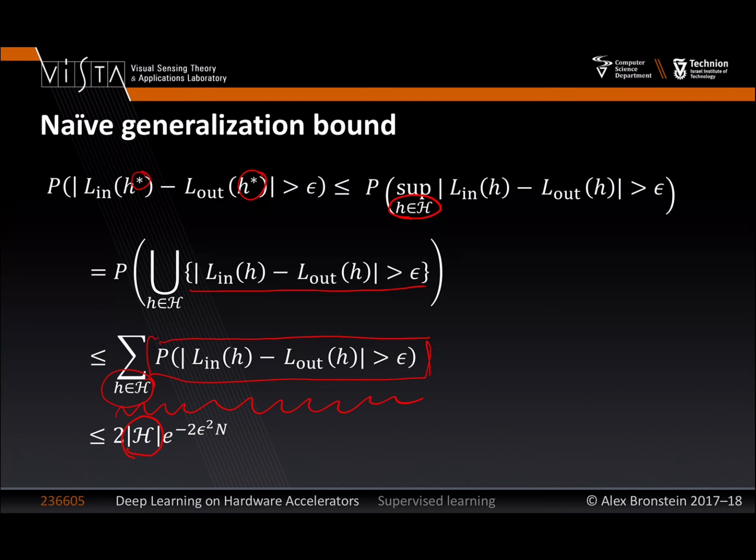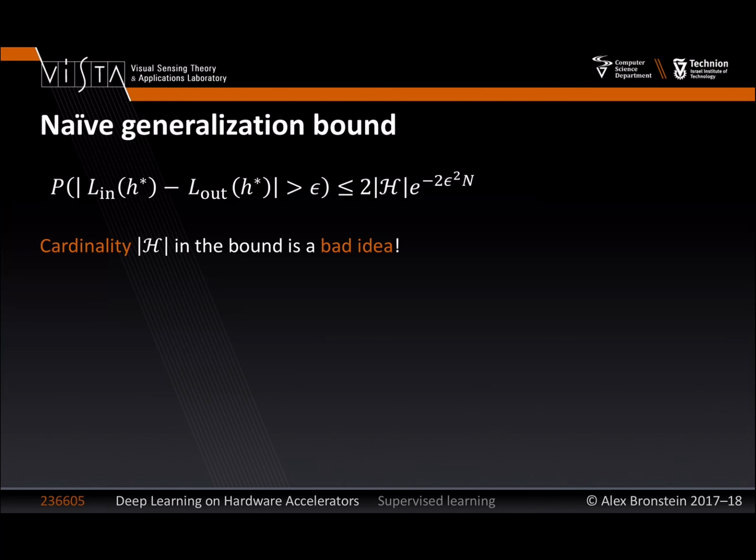Of course, it is a very bad idea to have the cardinality of H in the bound, because once you go to even a trivial hypothesis class of linear classifiers, it has infinite cardinality, the cardinality of a continuum. This bound is useless. It's only useful for a hypothesis class with a finite number of hypotheses.